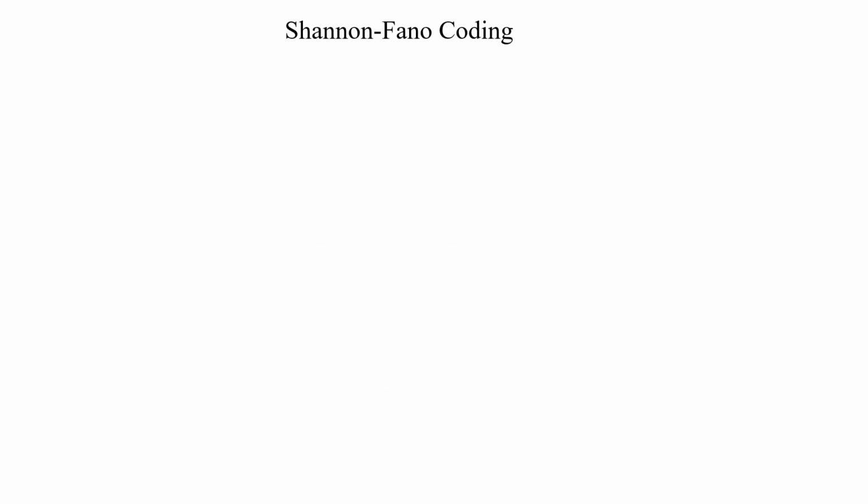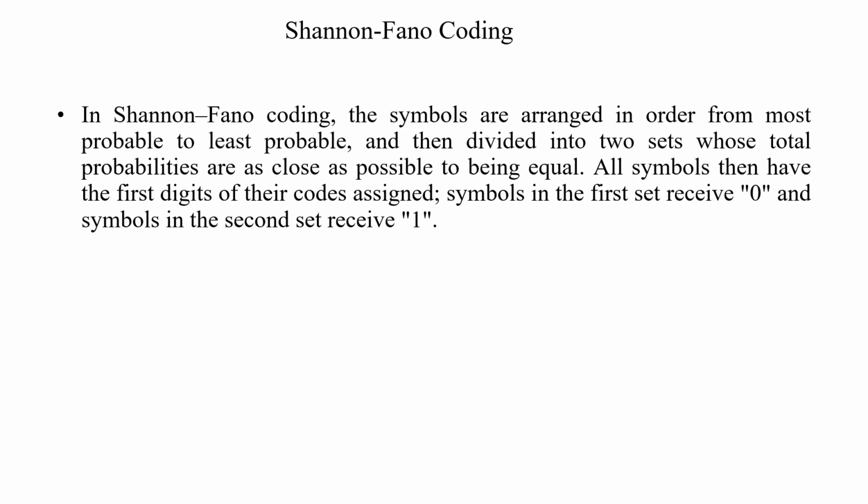Before taking the example, let's have some discussion over Shannon coding. In Shannon coding, symbols are arranged in order from most probable to least probable. So first we arrange the maximum probability values, in descending order.